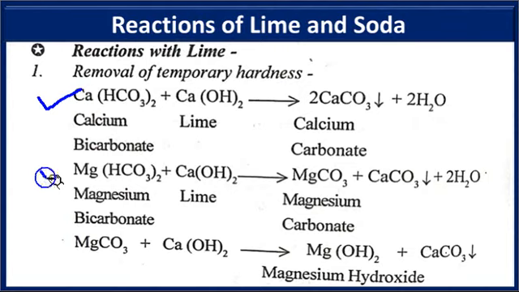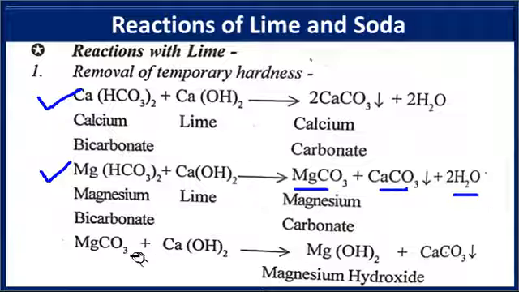Secondly, temporary hardness is caused by magnesium bicarbonate also. So when we add lime to the hard water sample containing magnesium bicarbonate, it reacts with the magnesium bicarbonate and forms magnesium carbonate, calcium carbonate and water.